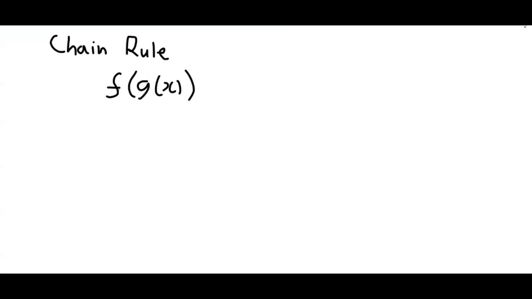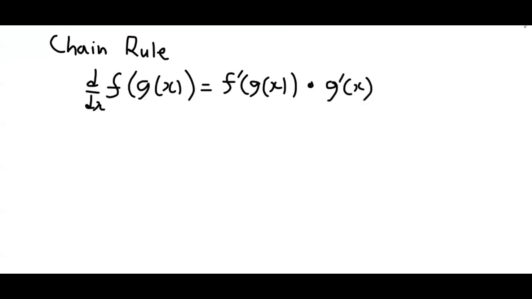So if I want to take the derivative of this nested function with respect to x, all I got to do is first take the derivative of the outer function, keep everything inside the same, okay? So what I mean is, once you have taken the derivative of the outer function with respect to x, keep the nested function inside, and then multiply it by the derivative of the nested function with respect to x.